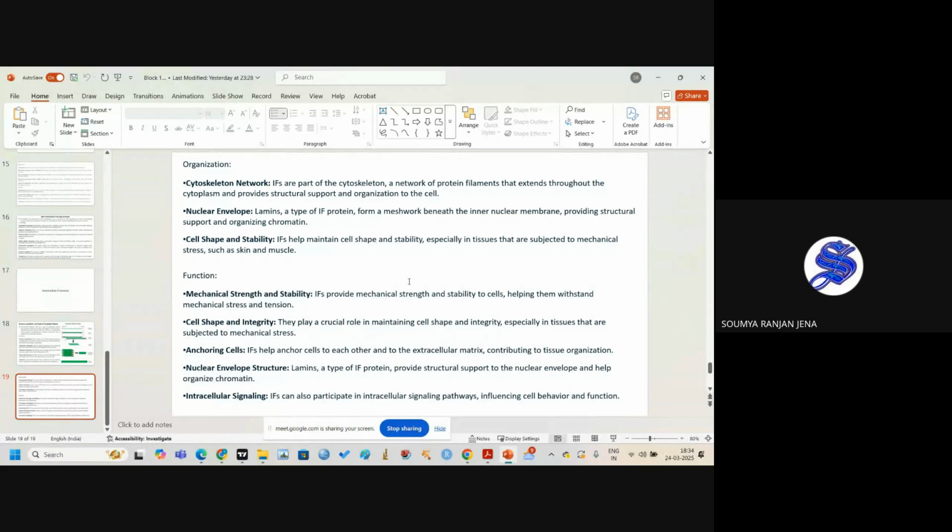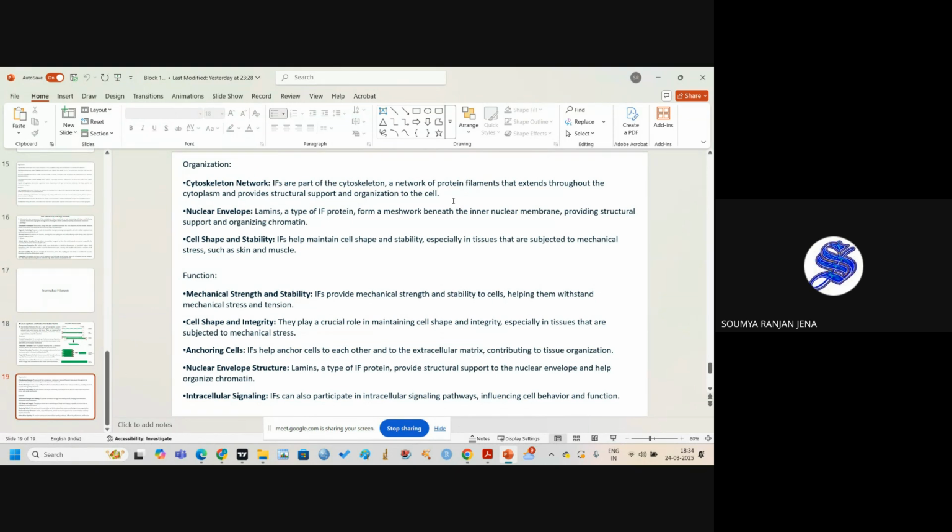Then if we go to the organization, intermediate filaments are part of the cytoskeleton, a network of protein filaments that extends throughout the cytoplasm and provides structural support and organization to the cells, because this rope-like structure gives structural support.